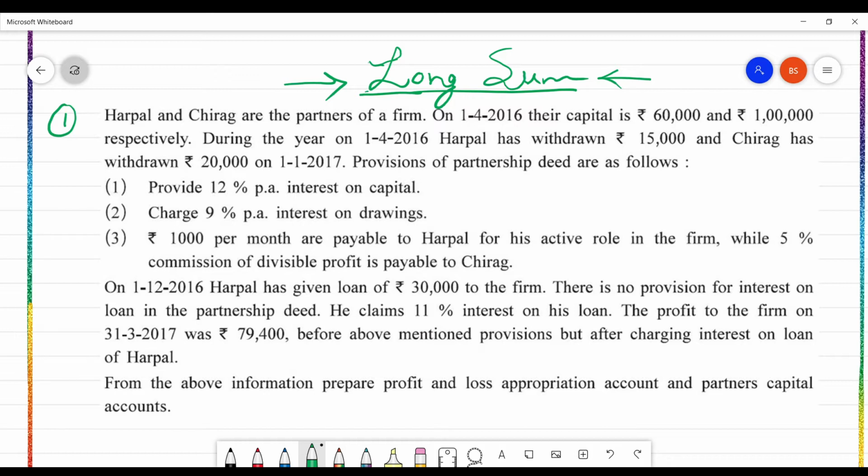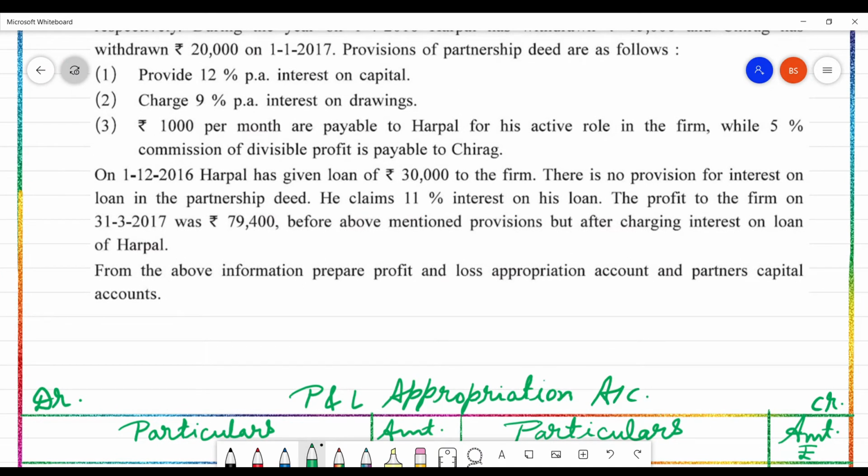Students, let's solve the sum by the fluctuating capital account method. This sum is taken from the GSCB textbooks. Here two partners are given, Harpal and Chirag. First of all, we find out the net profit which is given at the end of the sum. It says that the profit to the firm on 31st March 2017 was 79,400 before the above-mentioned provisions, but after charging interest on loan of Harpal.